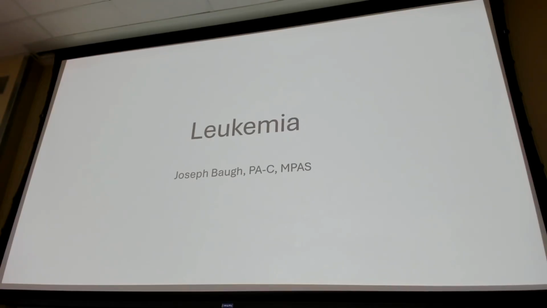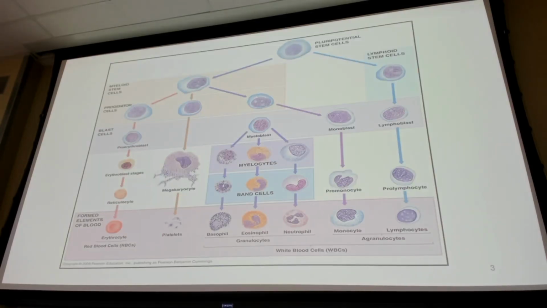All right, so let's kind of back up for a second. MDS. Let me pull up the slide so you guys can see what we're talking about. Just kind of keep this picture in mind as we talk about these disease processes, right?